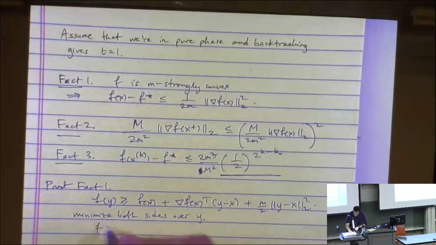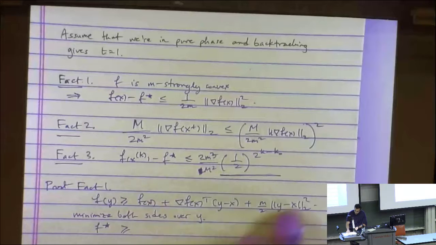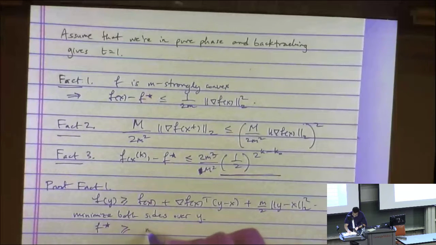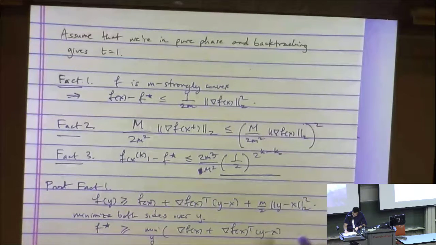On the left-hand side, I just get f star. Right? The minimum of my function f is f star. On the right-hand side, I get something that I can compute explicitly because this is a quadratic in y. We've done calculations like this quite a bit.